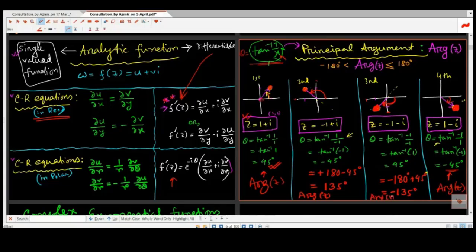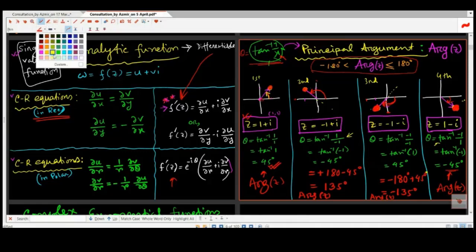Now this is the principal argument. So minus 135 degrees is in between this region. So remember, the principal argument is always unique. For a complex number, we will have only one principal argument. But the argument can be a set of values. If we ask for the principal argument, then it will be unique.